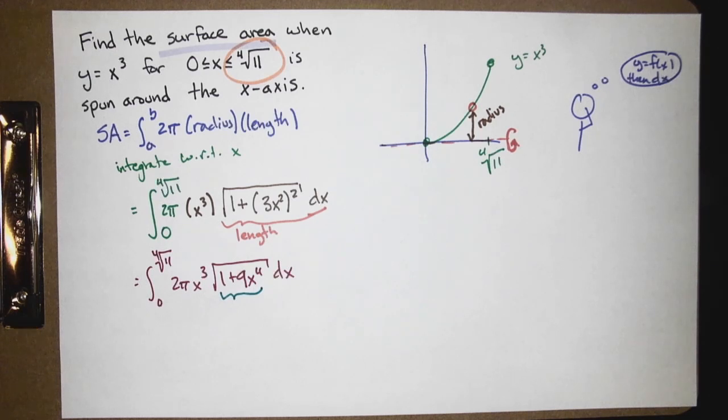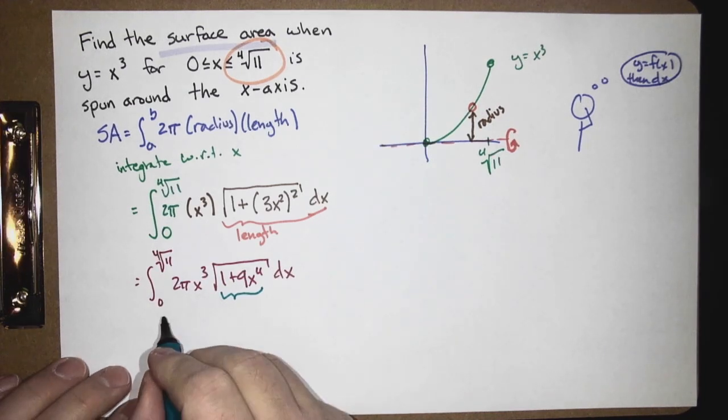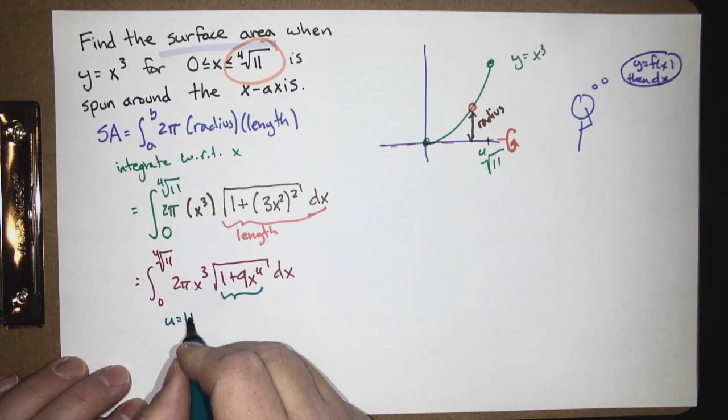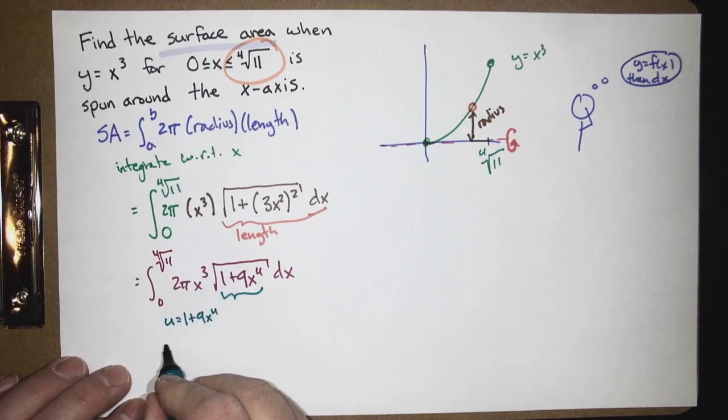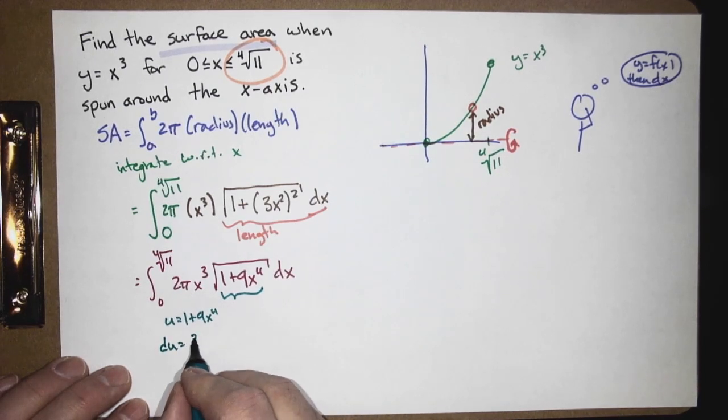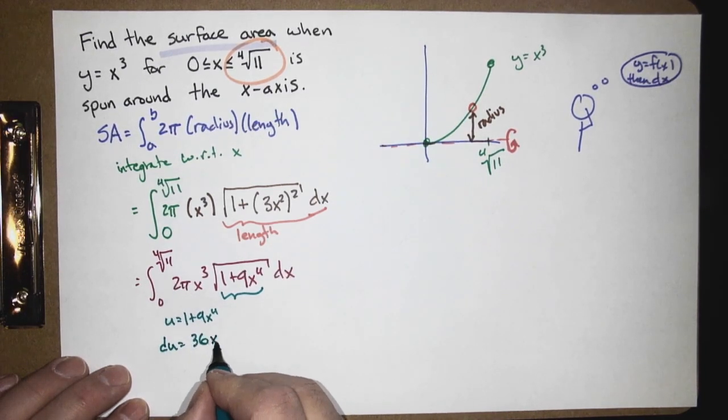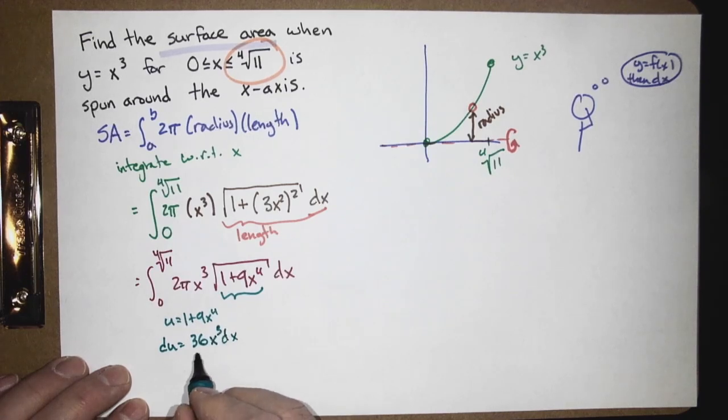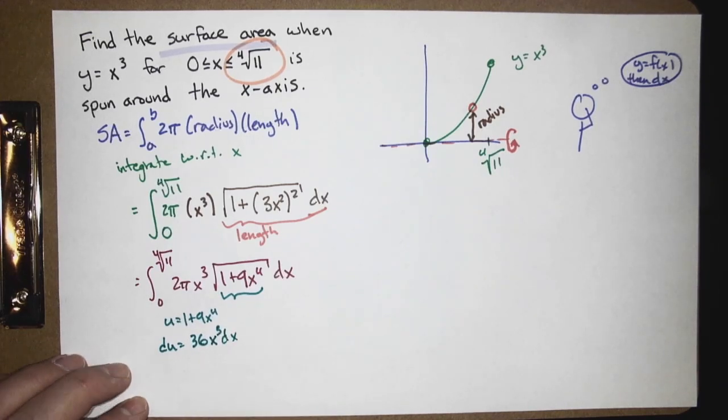Okay, so someone said, you'll end up with an x to the 3rd. That's one thing that's nice. There's actually a second thing that's nice. It's on the inside. So we're looking for functions on the inside. So we'll set u equal 1 plus 9x to the 4th. du is 36, oh my goodness, x cubed. Now, do we get nervous about the 36?